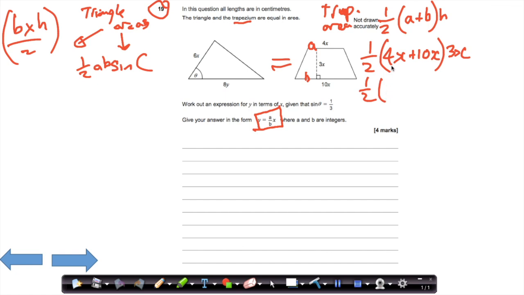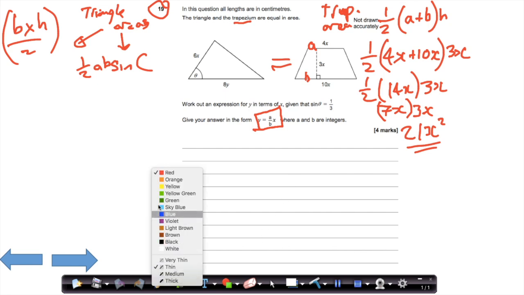So it's half, 4x plus 10x is 14x, and then multiply that by 3x. Well, if we half 14x, we're going to have 7x, and we multiply that by 3x. 7x times 3x, 21x squared. So the area of our trapezium can be simplified down to 21x squared.